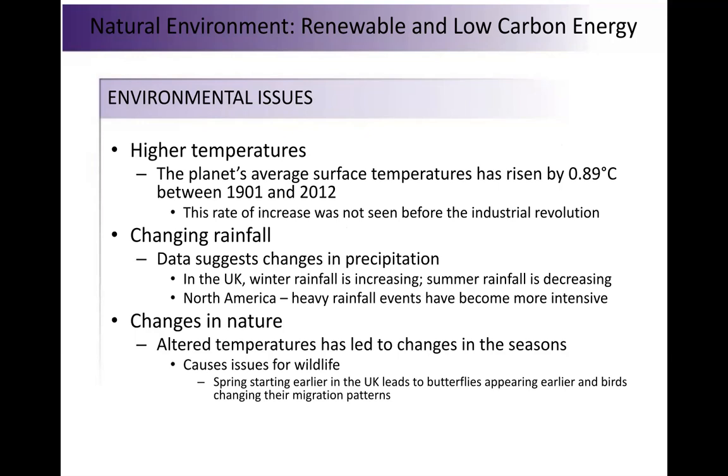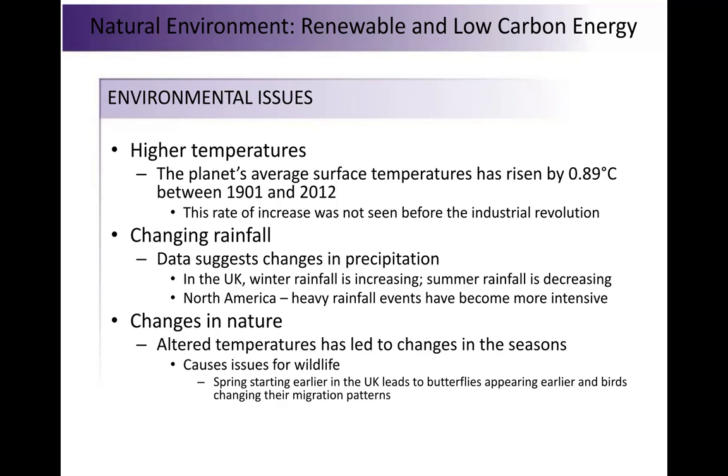Changes in rainfall. Data suggests that changes in precipitation, especially in the United Kingdom, winter rainfall is increasing, summer rainfall is decreasing. In North America, heavy rainfall events have become more intensive, and we know that. When we get heavy rains, we're enduring a lot of flooding.